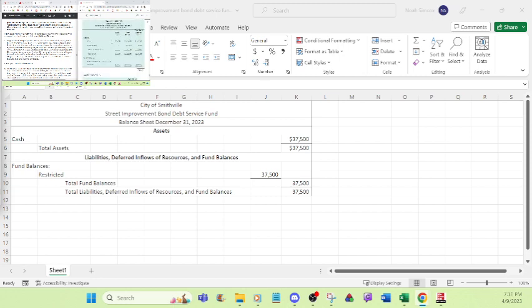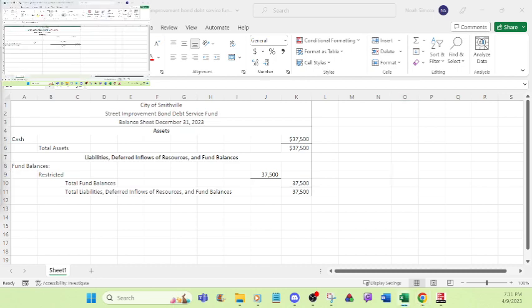What's the major difference here? I did cash and then total assets is indented. Thank you. For this, they actually don't. Wait, is this a restricted fund balance? This is so funny. Yeah, it is.